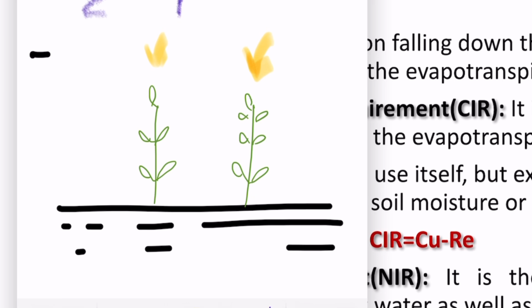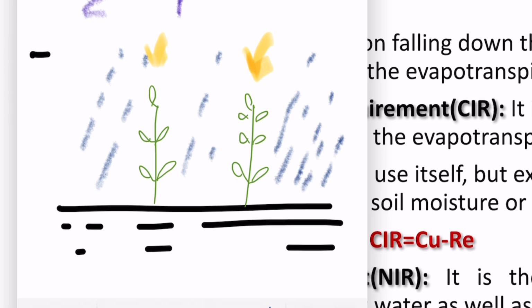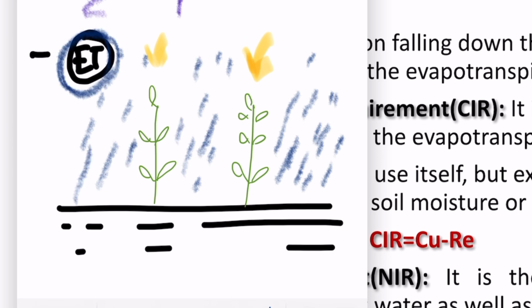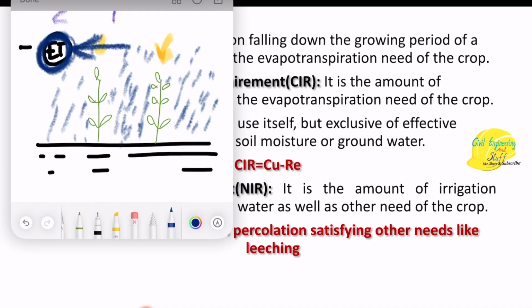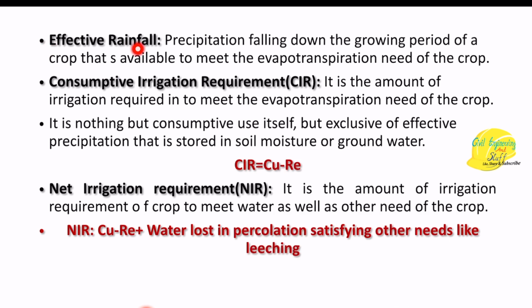When water is supplied through natural rainfall, and whatever is the consumptive use or evapotranspiration need of the crop, this rainfall fulfills this need either partially or fully. The rainfall or rainwater that fulfills the evapotranspiration need of the crop is what we refer to as the effective rainfall.